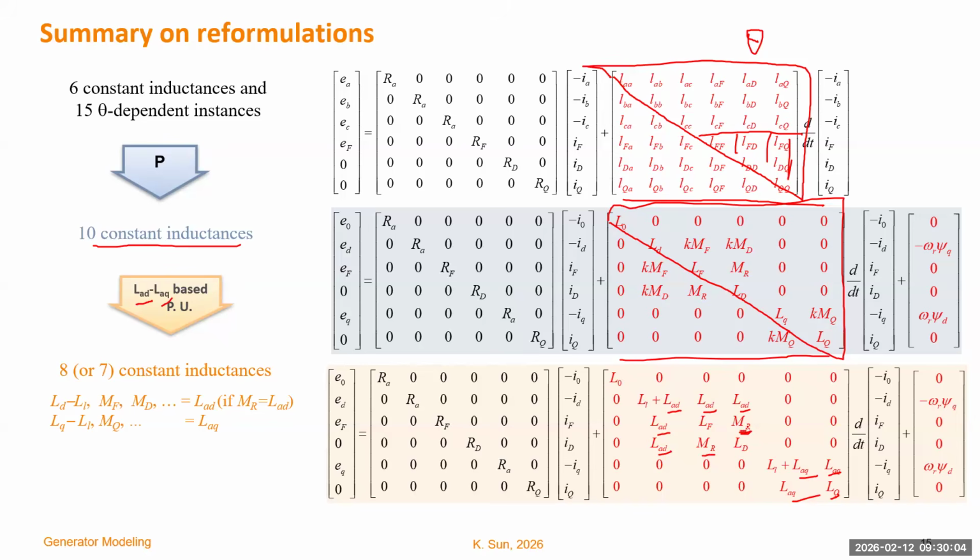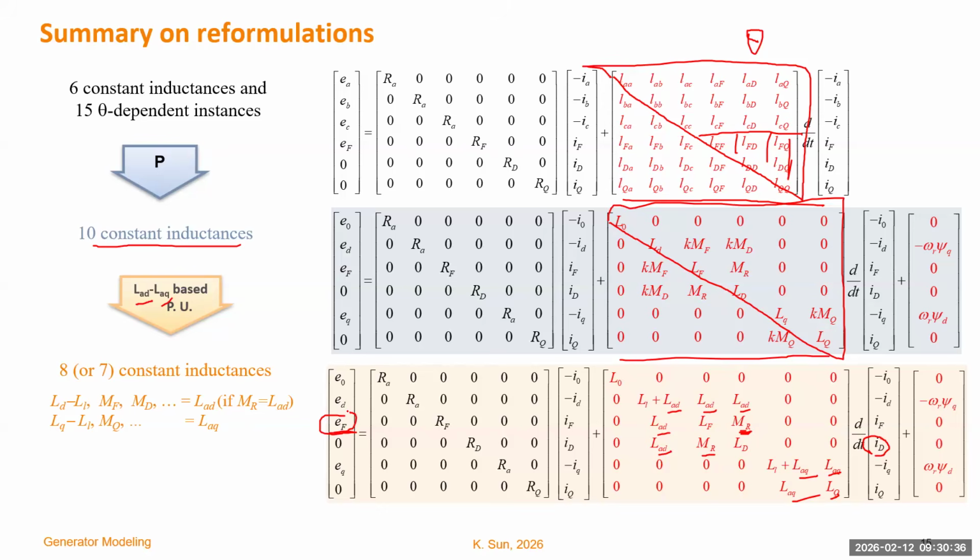MR represents the coupling between the field winding and the damper winding, right? So that involves two windings both from the rotor. But if a generator is well designed and the magnetic field couples any two windings from stator or from rotor, the total flux linkage will be about the same.